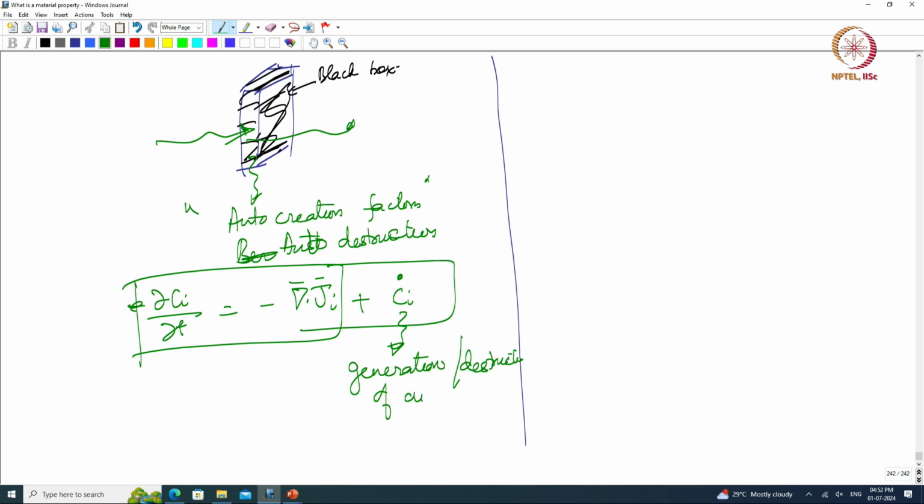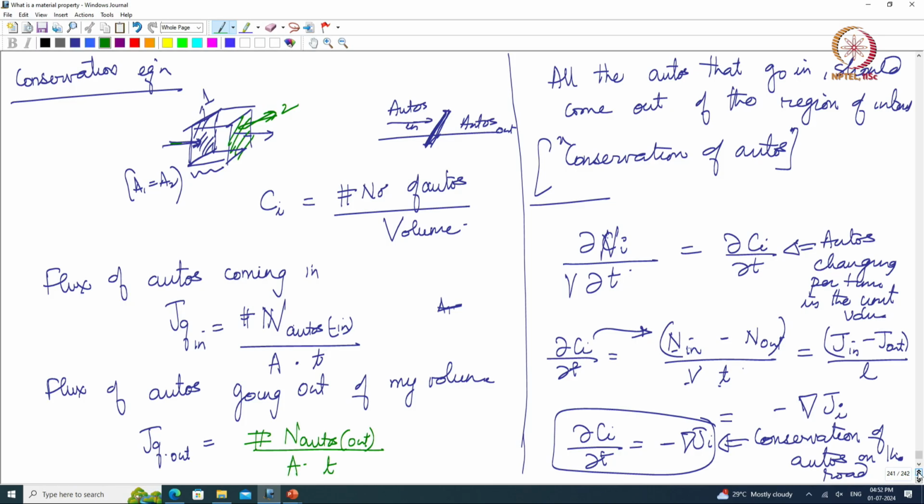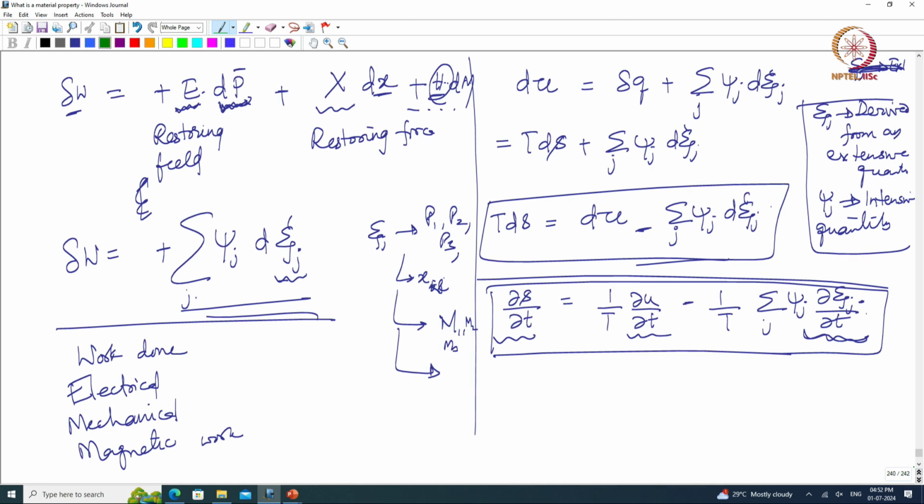Okay. So, now in the next class what I am going to do is use this conservation law, right. If you go back and see, I have this equation where I have change in entropy with respect to time, change in internal energy with respect to time, and change in some sort of a conservative work with respect to time, right.